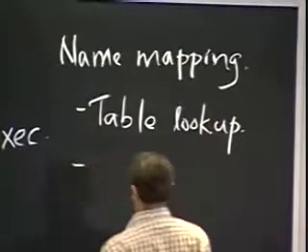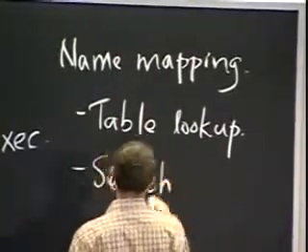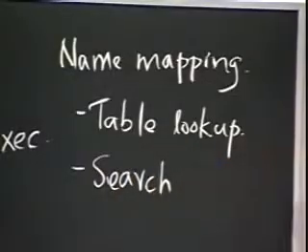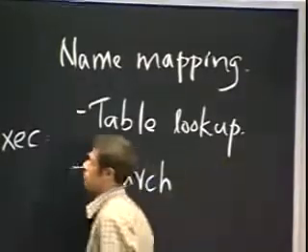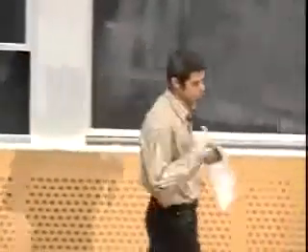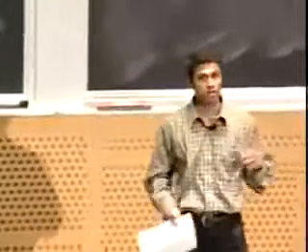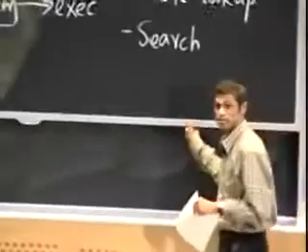And another example of name mapping was a process of search through a series of contexts. In particular, we looked at the problem of, in the context of LD, which GCC uses, when it goes through a sequence of .o files as well as libraries in the command line, what algorithm it actually uses to resolve its symbols.